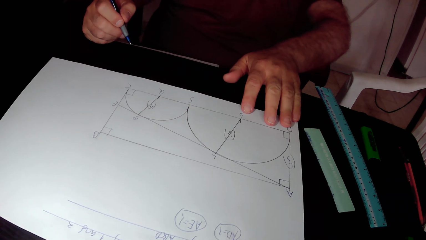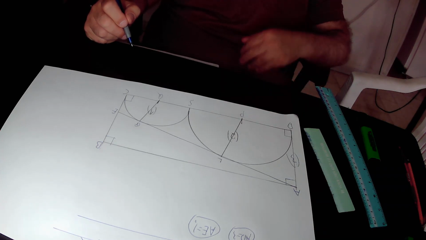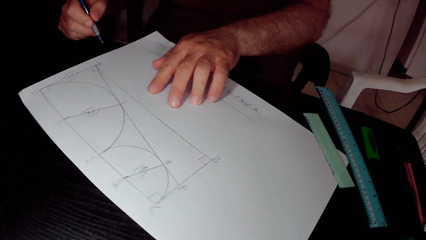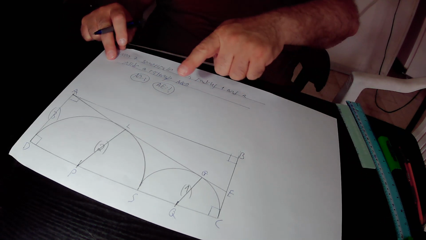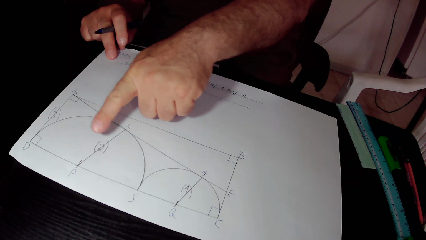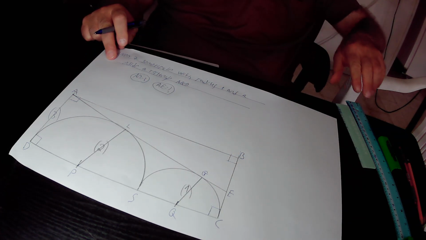In the next step, we will do a construction. That is to say, we will extend line segment AE and this side DC by a straight line until they touch each other.